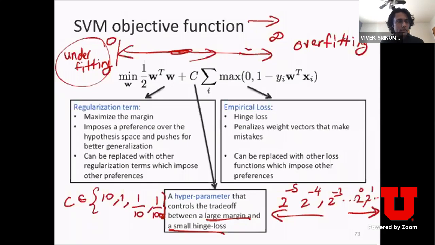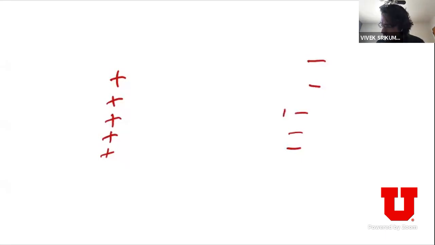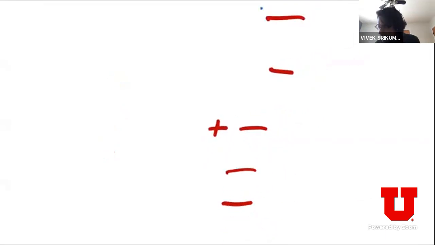How do you overfit with just one line? Imagine your data set looks something like this. Let's say you have an example that is, say, plus, plus, perfectly linearly separable. And then you get a plus here. If I want to overfit this data, then I would have to find a line that somehow goes in between these two things here.